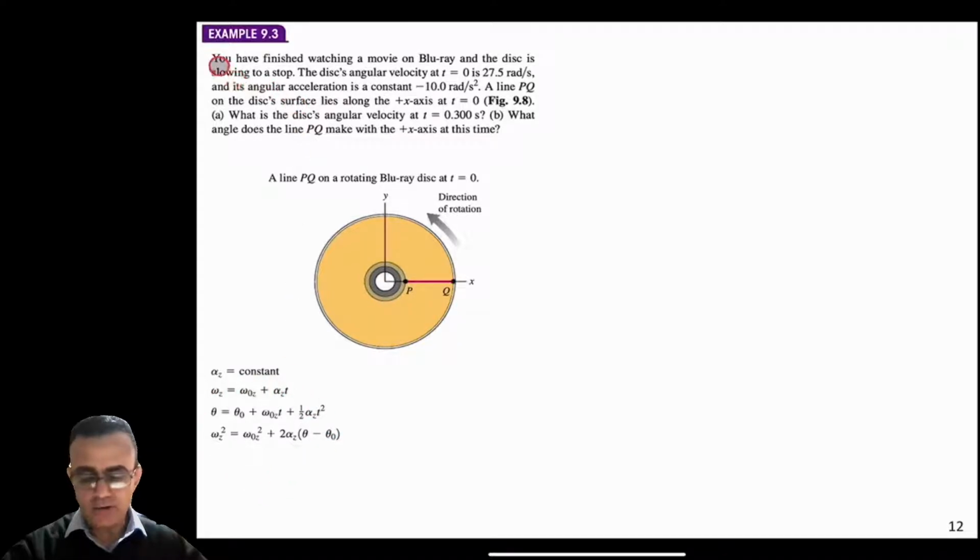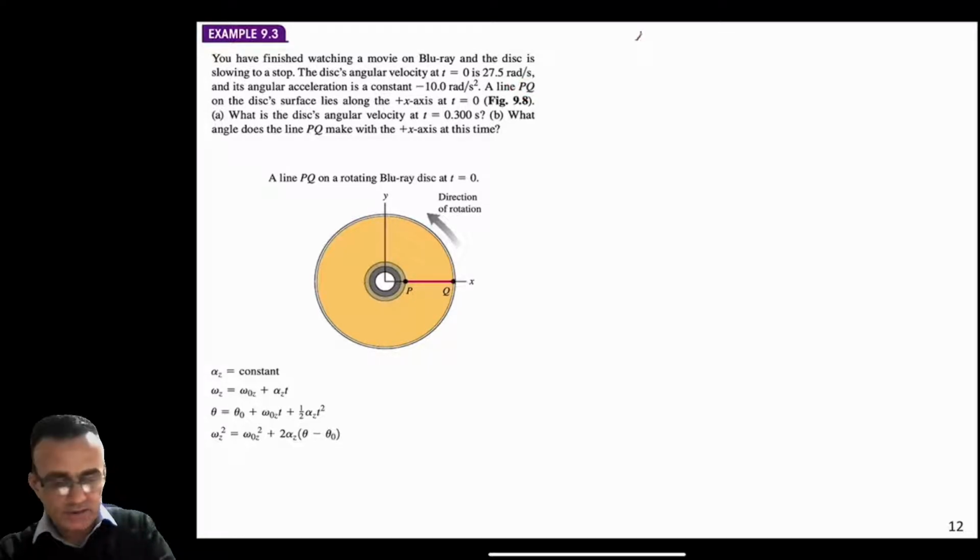Now, if you read the description, you have finished watching a movie on a Blu-ray, and the disc is slowing to a stop. The disc angular velocity at t equals 0 is 27.5 radian per second. This means that omega naught is 27.5 radian per second.